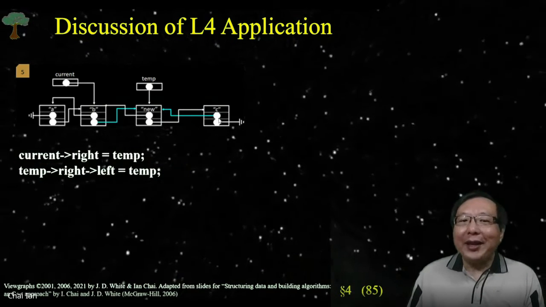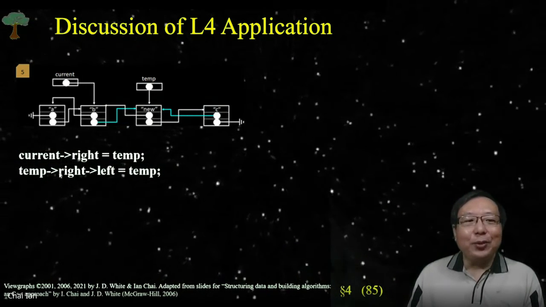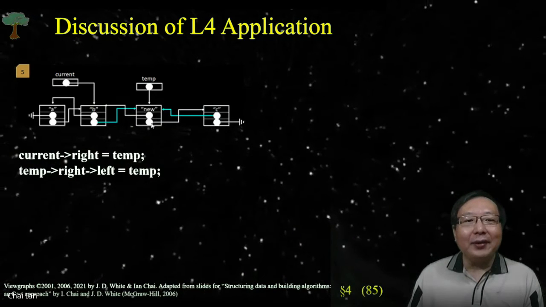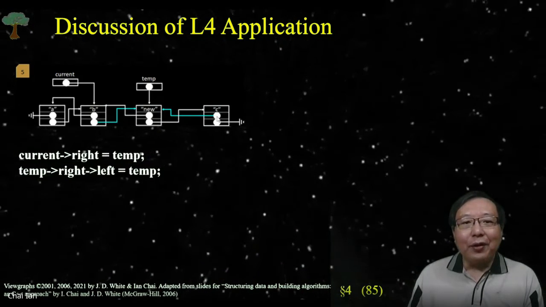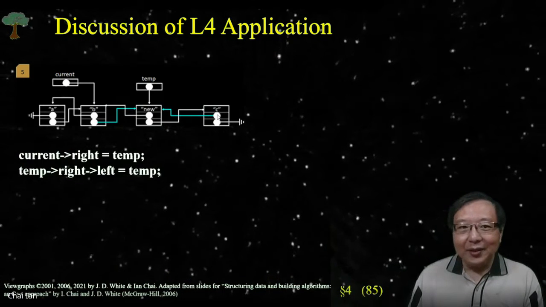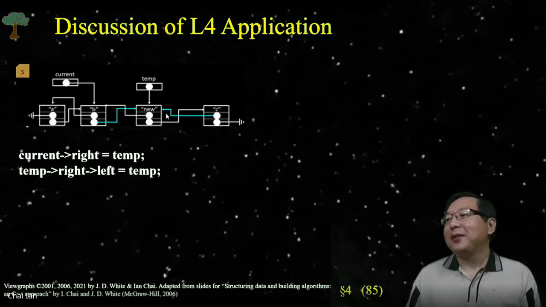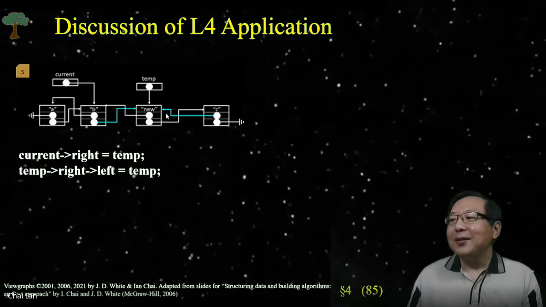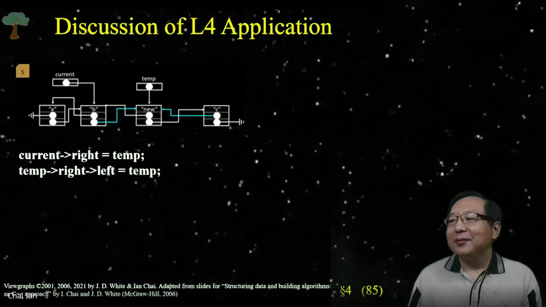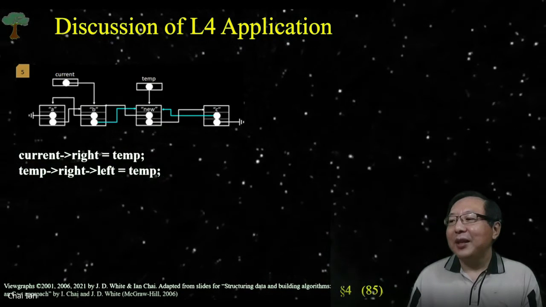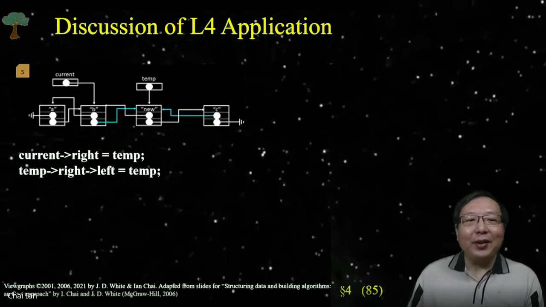So I need to get it to point at new. That's what this line is for. Temp arrow right, arrow left, which is this pointer here, is pointing now to temp. You understand? Yeah? Okay, now you understand that part.